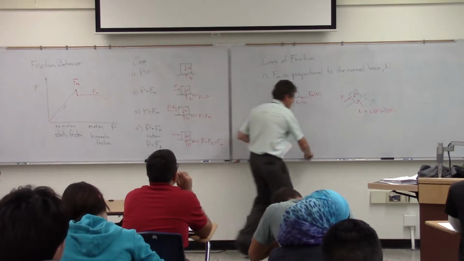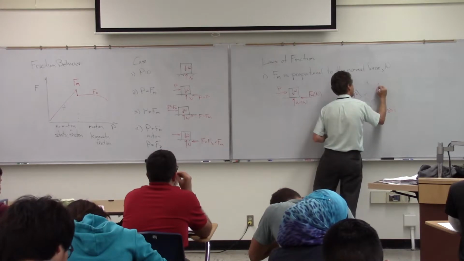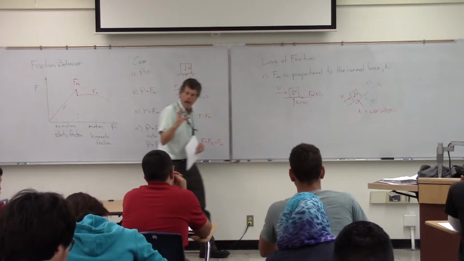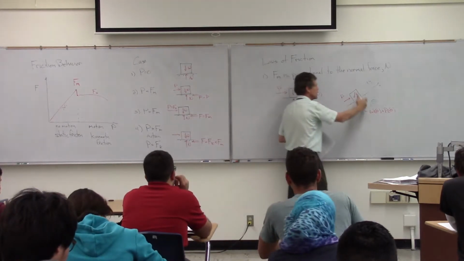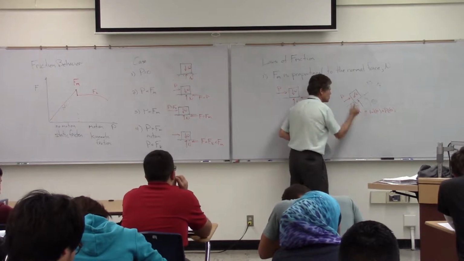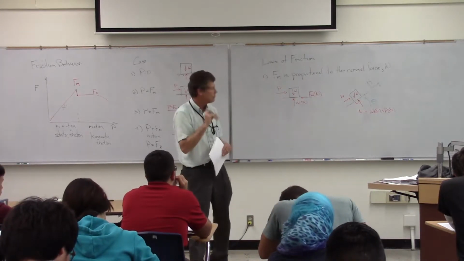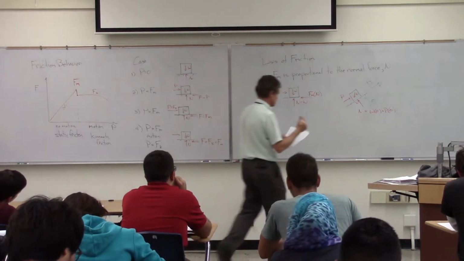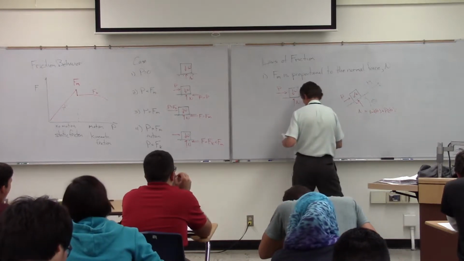If I set up a coordinate system like this, notice that P and W will have some component in that y direction, and the normal force is going to be a function of those two in that direction.